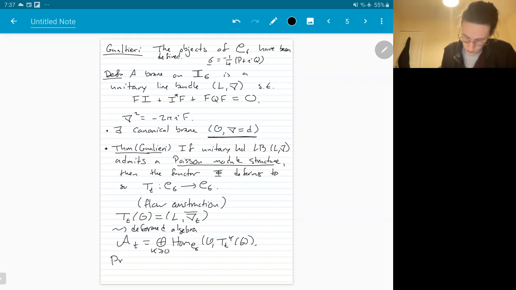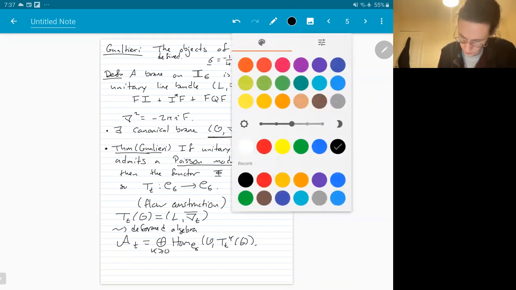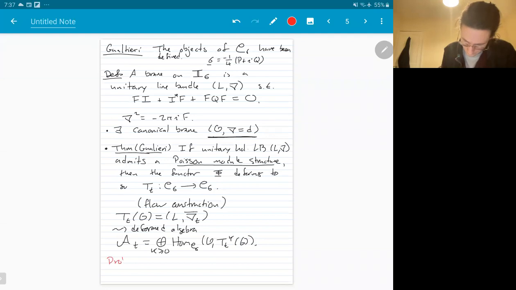The problem with this, though, maybe I'll put it in red, is that we don't actually have a category. We don't know how to compute homomorphisms in the category of branes. So we're stuck.